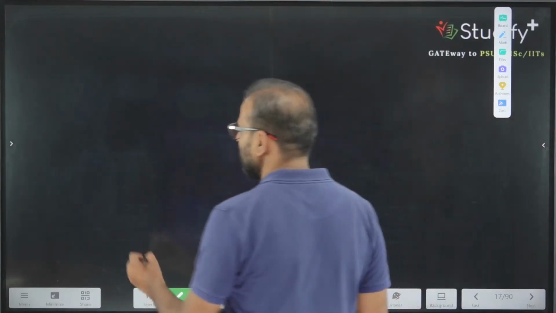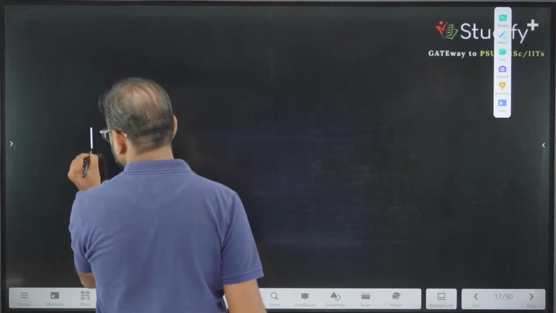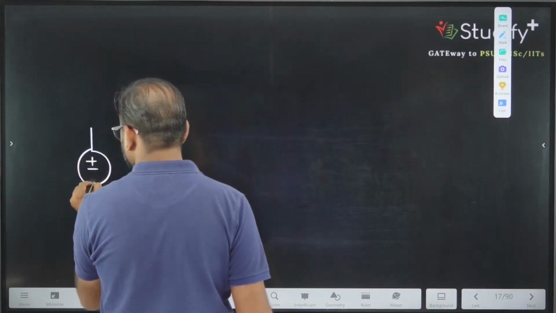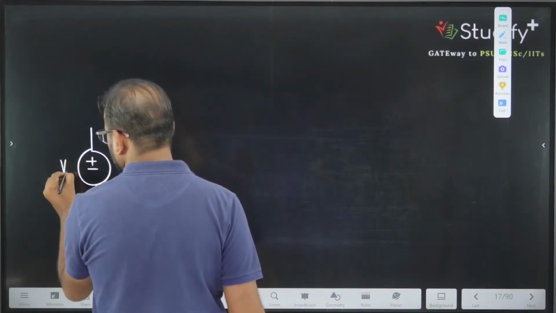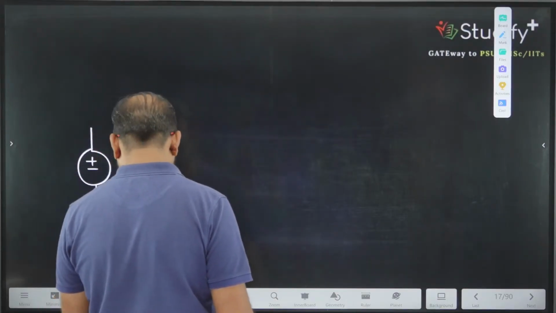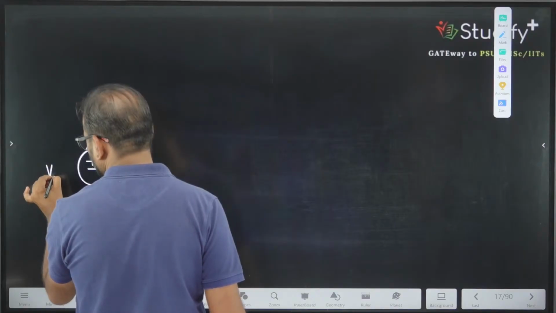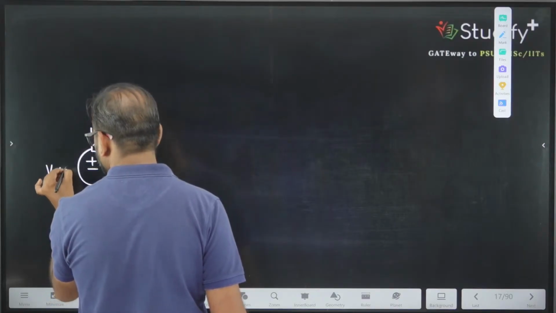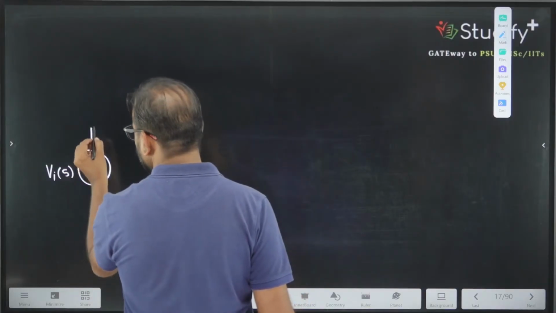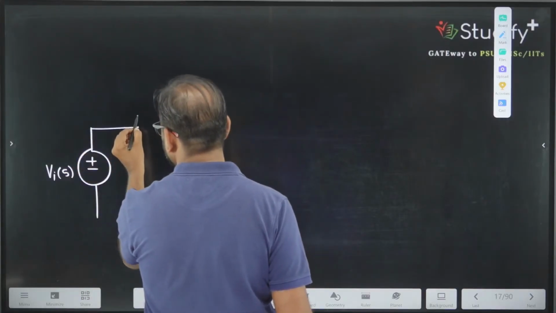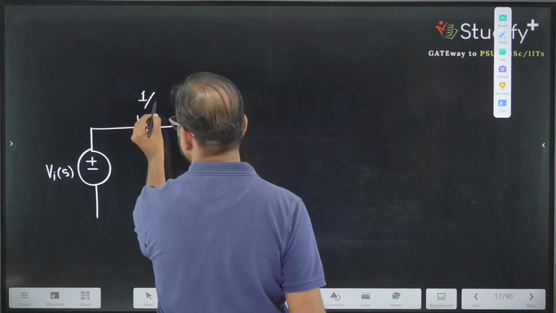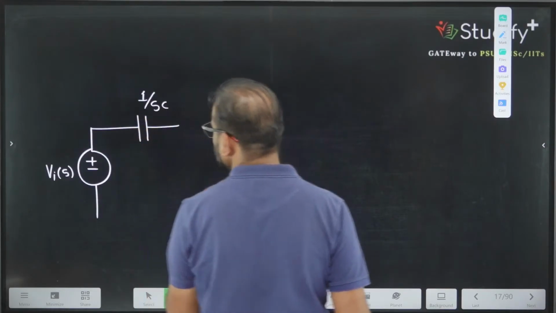So when I apply KVL in the circuit, this is VI, or let me call this potential VI of S. Whatever is available to us, I will take VI of S. Then we have 1 divided by SC.